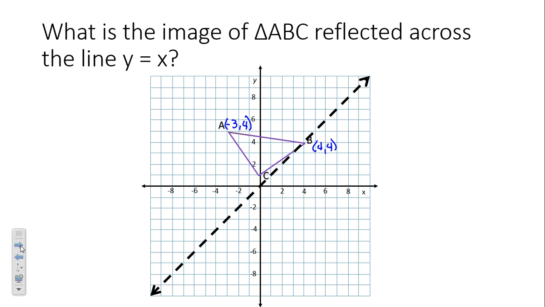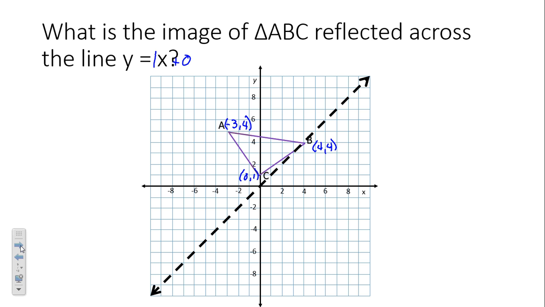And C is 0, 1. The line y equals x is the line y equals 1x plus 0. It goes through the origin, rises 1, runs 1, rises 1, runs 1. When x is 0, y is 0. X is 1, y is 1. X is 2, y is 2. Okay?